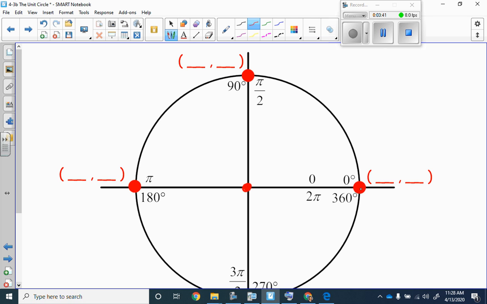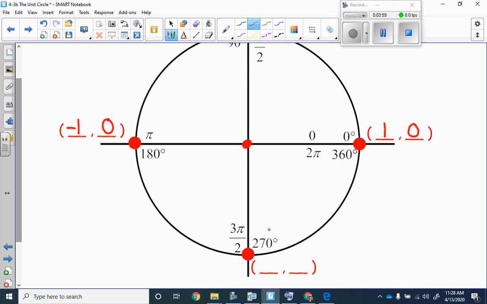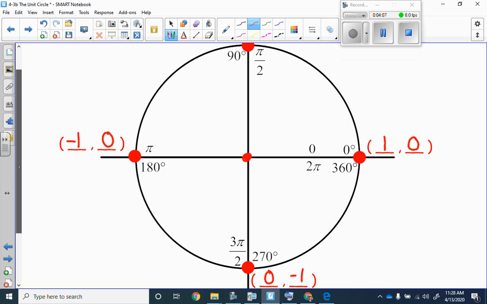Going 1 unit to the right, we have an x coordinate of 1, and our y coordinate would be 0. Going straight up north, our x would be 0, our y would be 1. Going to the left, our x would be -1, and our y would be 0. Going down on the bottom, x would be 0, and y would be -1.